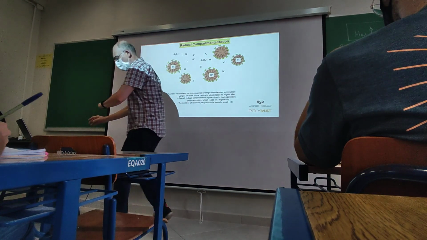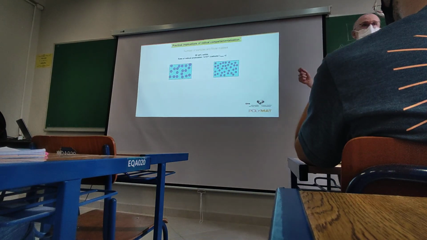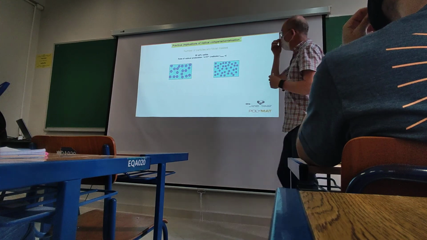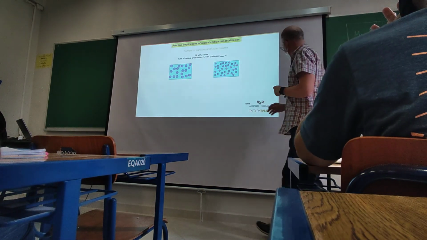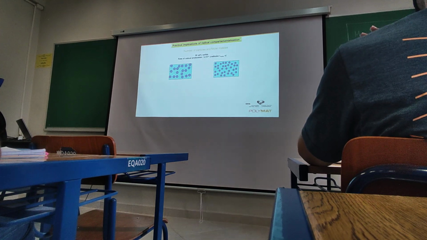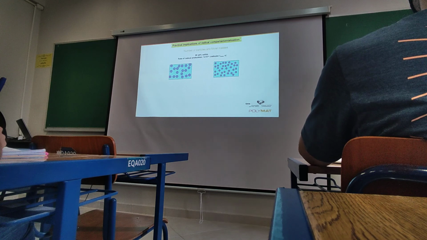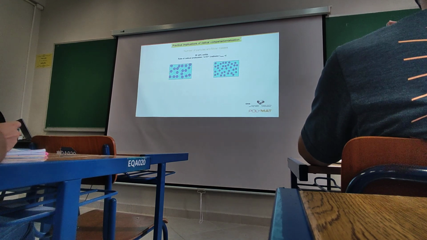So let's see now the implications, in a more quantitative way, of what I have discussed. So let's imagine that we have a latex with 50% solids. So this means that 50% of the latex is polymer and the rest is water. Okay?